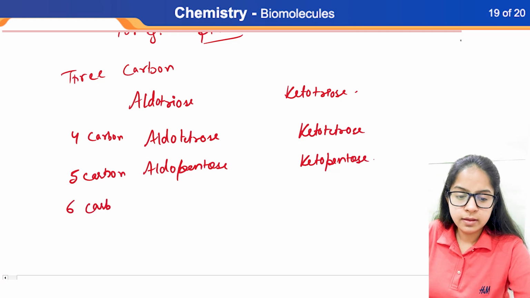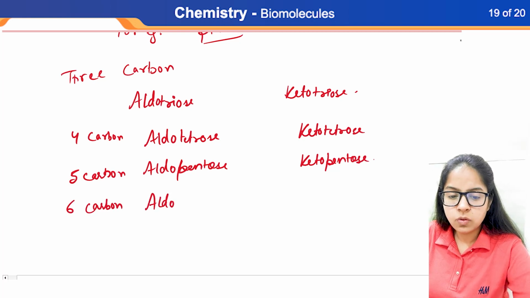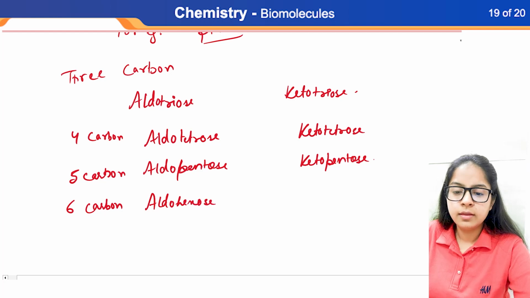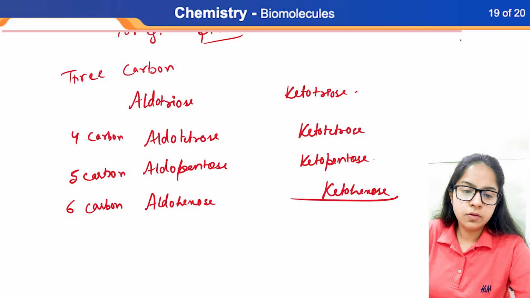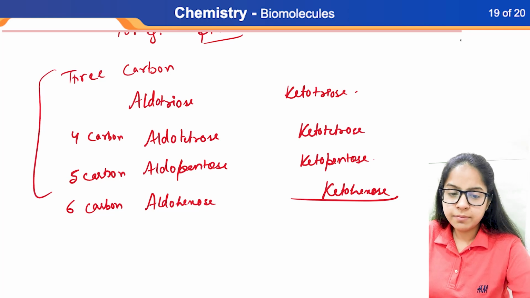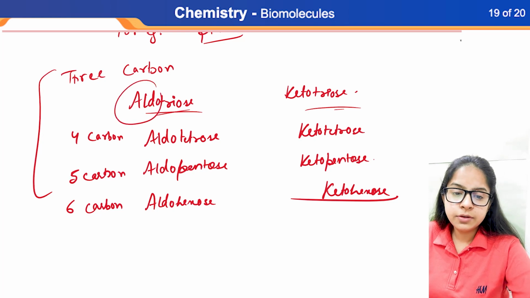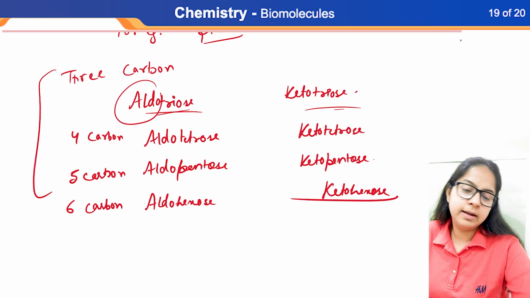For 6 carbon, aldohexose, ketohexose. These are the carbons, and after that you need to use the aldo and keto for the fructose type and the aldehyde type.